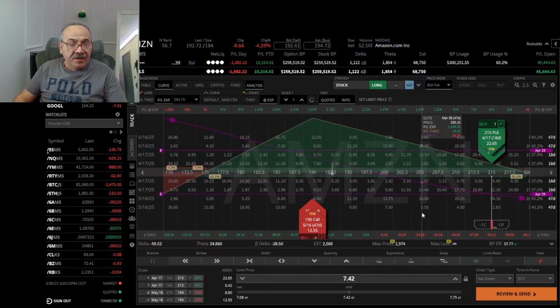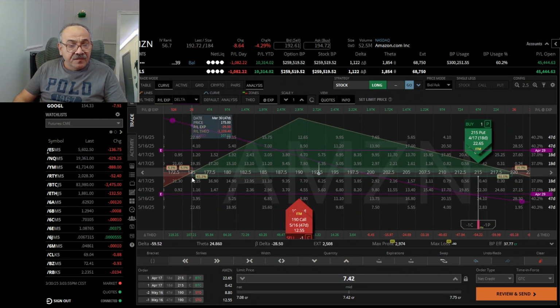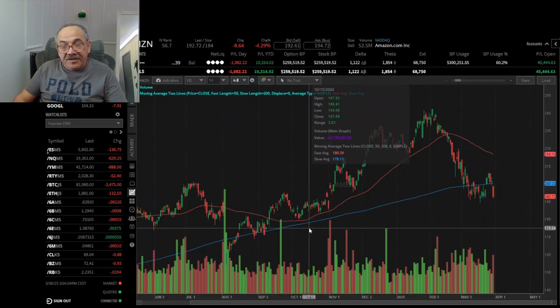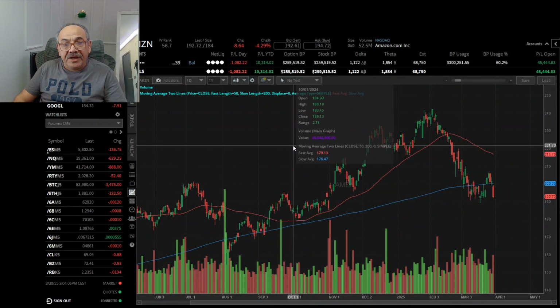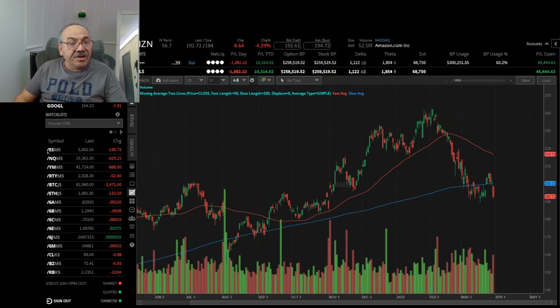Now the structure looks like this. It's covering for 47 days an interval from 175 to 220. So it's a pretty good range we're covering, and it's gonna be probably a good move.